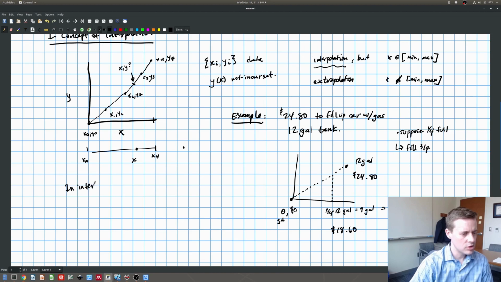In interpolation, you want smooth functions that go through all of the data.